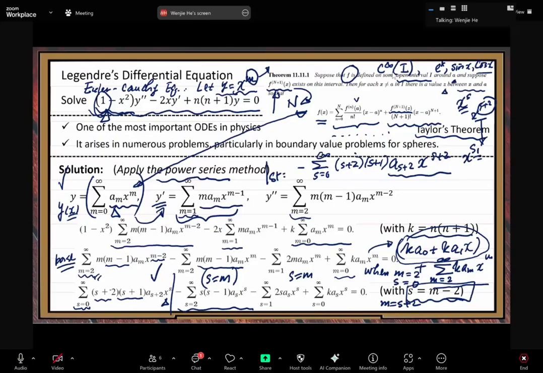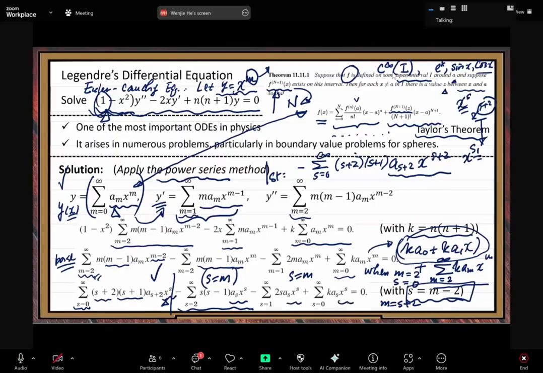The first one we use s equal to m minus 2. The remaining three, we all use s equal m. The reason is that we want the general term to have the same order: x to the s, x to the s, x to the s, x to the s.